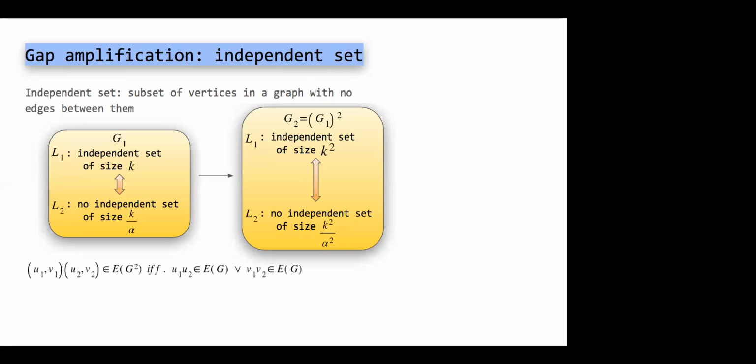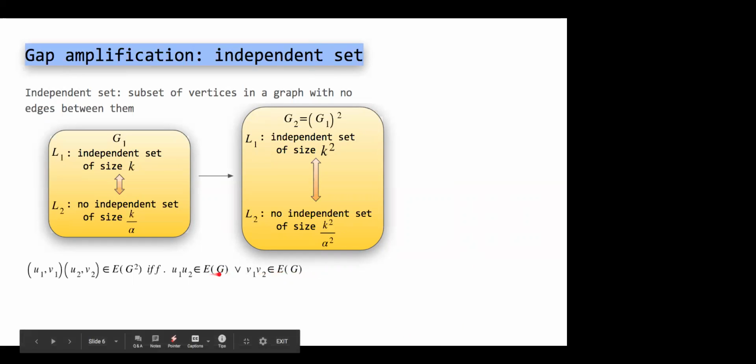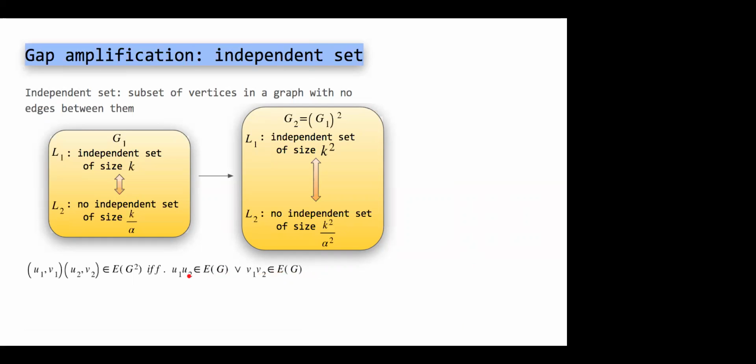So the new vertices are pairs of vertices, and we put an edge between pairs whenever there was an edge in the original graph between either U1, U2 or V1, V2. So this construction squares the size of the graph and also squares the size of the independent set. So this can grow our gap from some alpha to alpha squared.